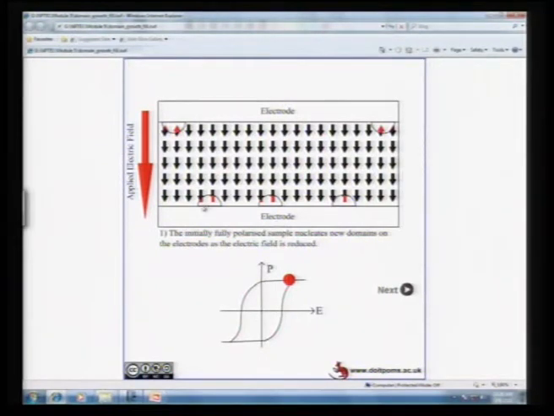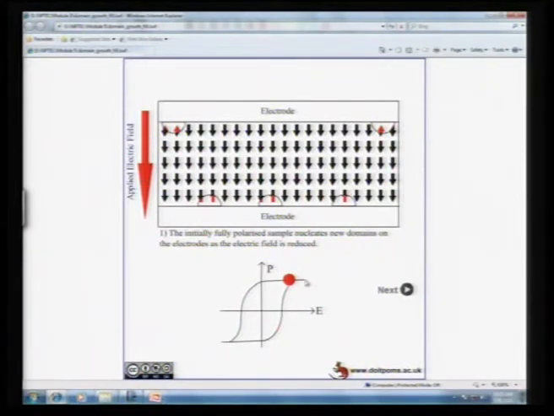So, formation of new favorably oriented domains takes place in this direction. These domains are oppositely oriented because you are decreasing the strength of the applied field, which is to say that you are taking the field in the other direction. So, the new domains will have orientation opposite to the direction of the applied field.